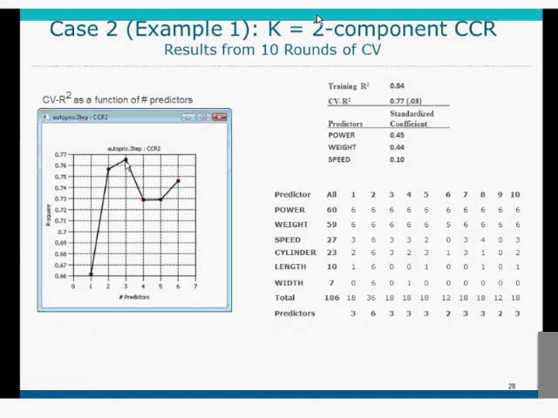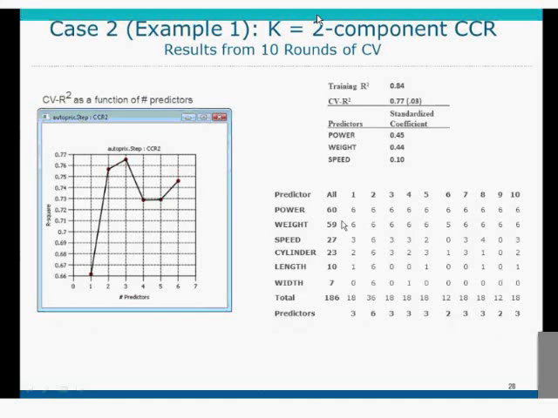We saw that originally we selected two components. We may also want to try three components and see if we get a better solution when we use step down. So maybe three predictors with three components does better. I've done that, and it turns out two components is the best. So we want to optimize the number of components, K, and the number of predictors, P.